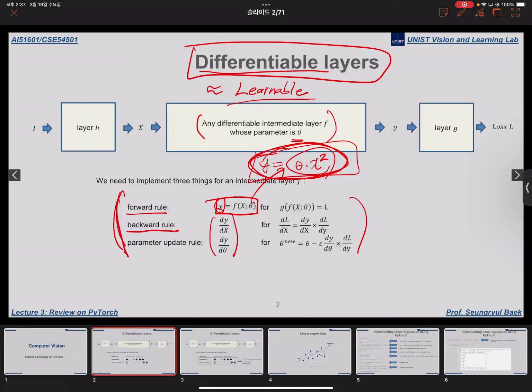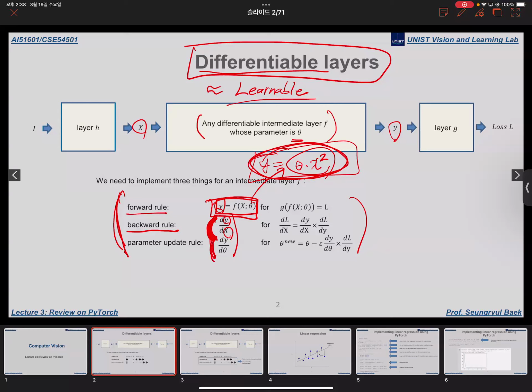The backward rule means the differentiation of the output y with respect to the input x. Given this forward rule, we have to train the layers. The first rule has to be defined.